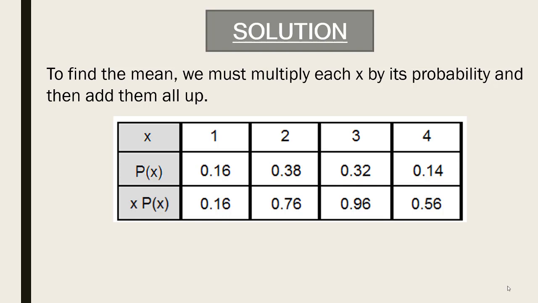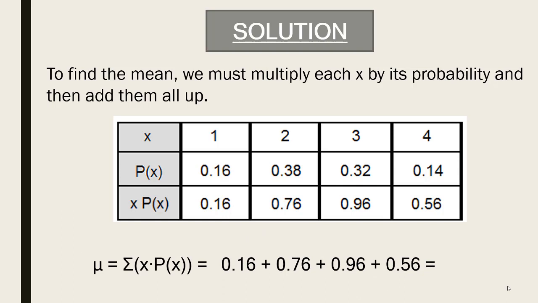So according to the formula, we're supposed to take this last row and add them all together. So mu equals the sum of each x times its probability. So that's going to be 0.16 plus 0.76 plus 0.96 plus 0.56, which adds up to 2.44.